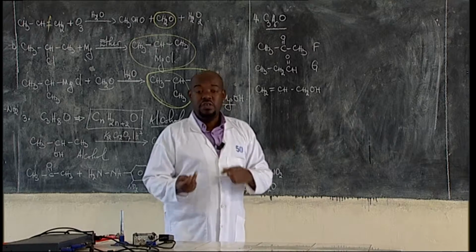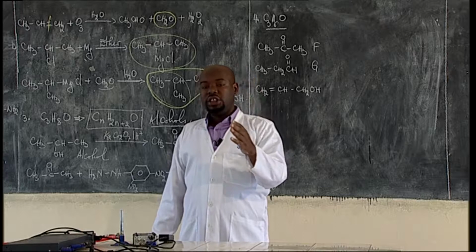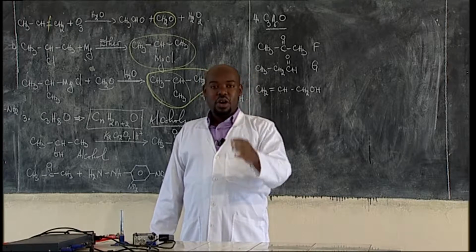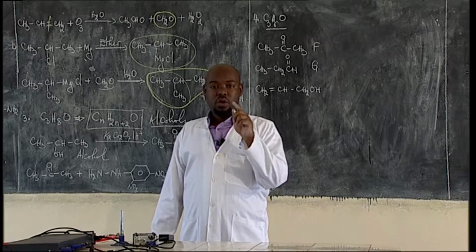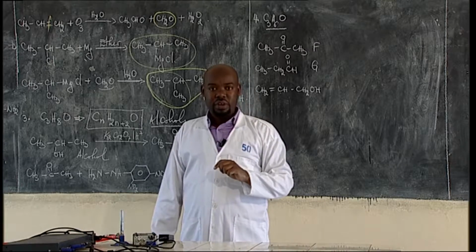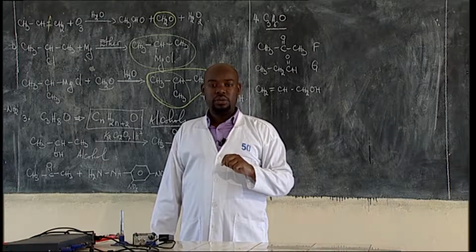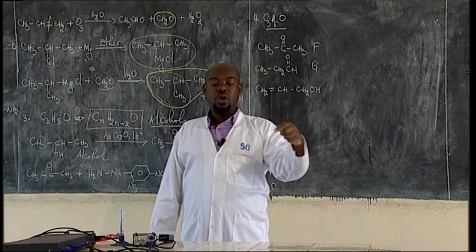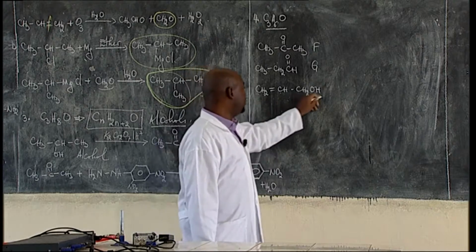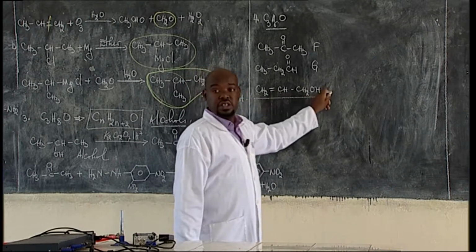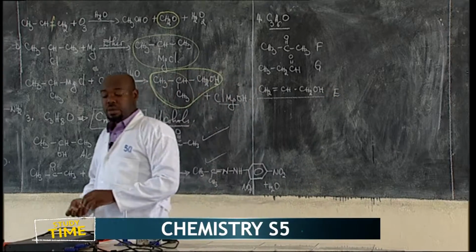It's because, if you remember, for alkenols, when the OH is located on the carbon having a double bond, then the compound can exist in equilibrium with its tautomer form, which may be the aldehyde or the ketone. So to have an alcohol only, it should be this one. And this is E. Now, let's go to the chemical tests.